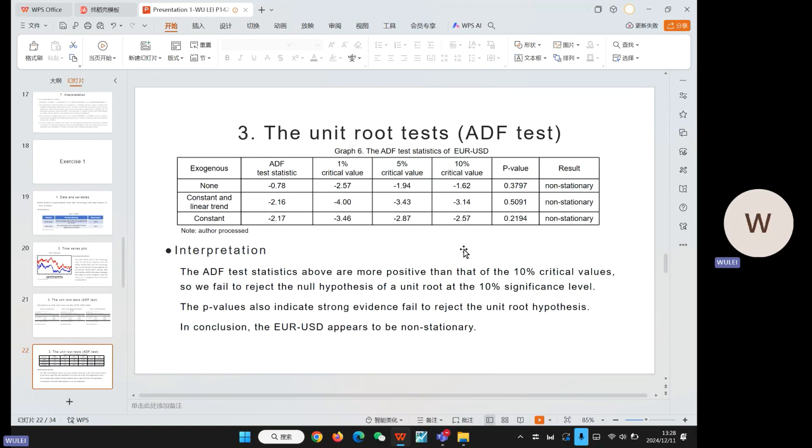The ADF test statistic is more positive than the 10% critical value, so we fail to reject the null hypothesis of a unit root at the 10% significance level. The p-values also indicate strong evidence for not rejecting the unit root hypothesis. In conclusion, the EUR-USD appears to be non-stationary.